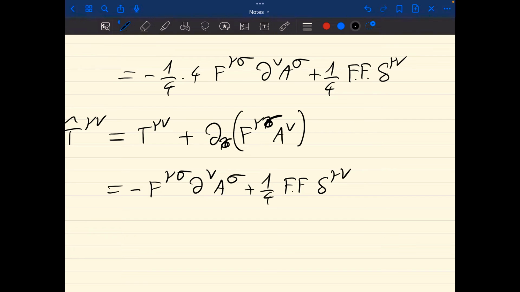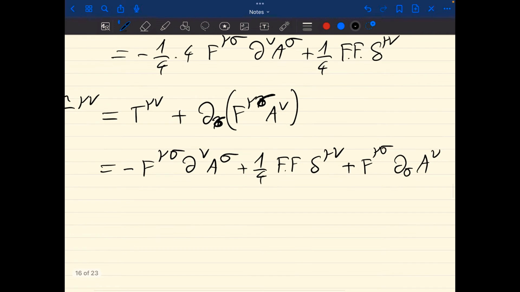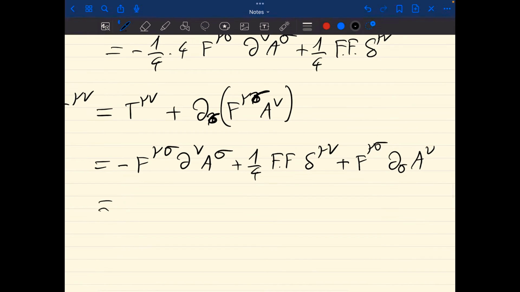Okay. So the only term that remains is F mu sigma d sigma A nu. But now we see that we can factorize in the first and third term the F mu sigma. Yeah, F mu sigma, sorry.